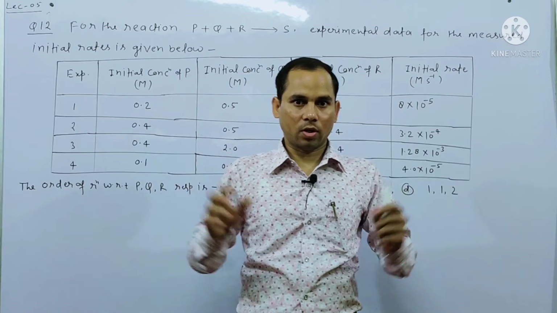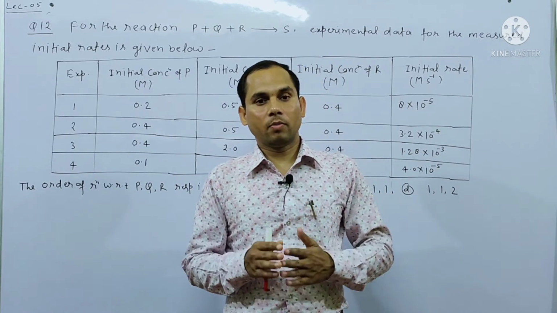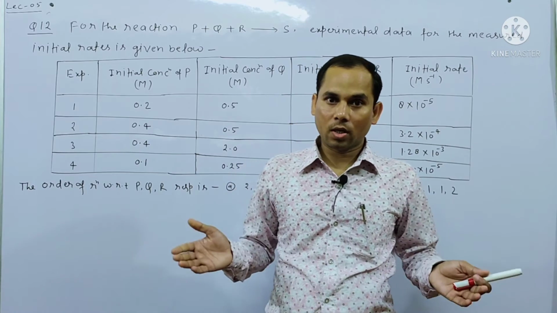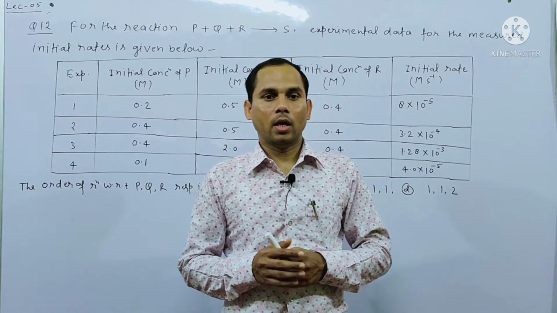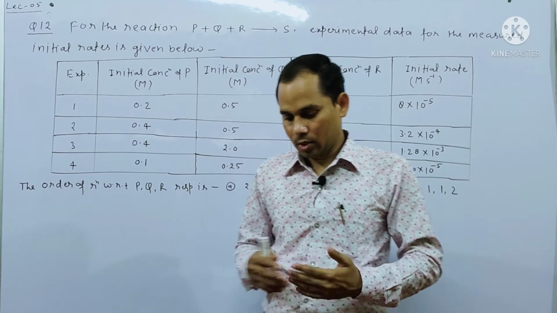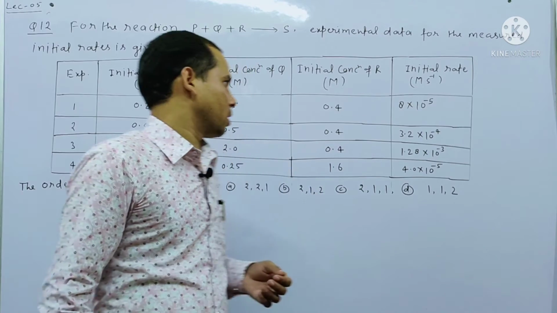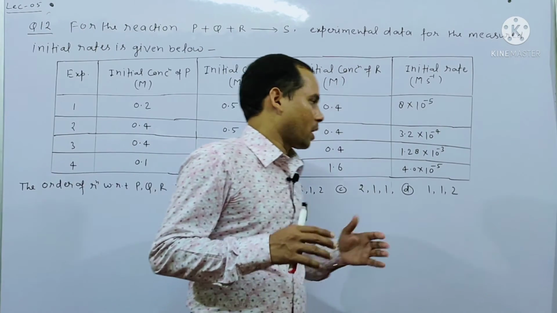If we double the concentration and the rate of reaction becomes 4 times, it is a second order reaction. If we just double the concentration of reactant and the rate of reaction becomes 8 times, then it is a third order reaction.